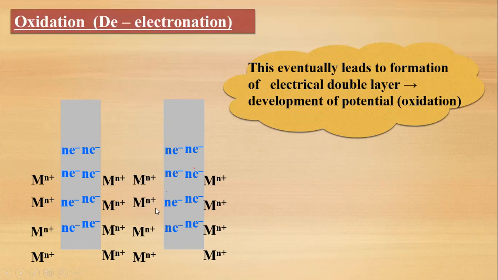And because of this potential difference, it is called what? Oxidation potential. यहाँ पे जो difference create होगा, जो develop होगा potential, that is called what? Oxidation potential. Because this potential develops because of the oxidation, otherwise de-electronation, otherwise releasing of electrons. Are you getting my point? Everyone is getting my point? Yes, sir. Okay. So chalo, next part.